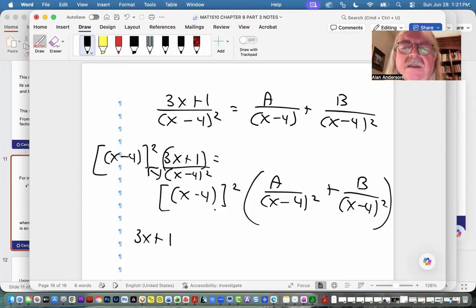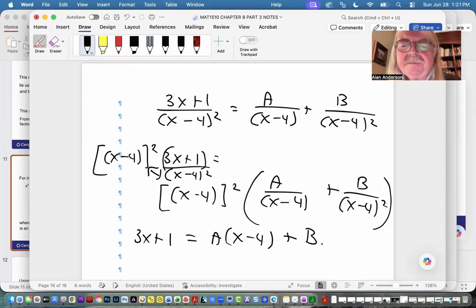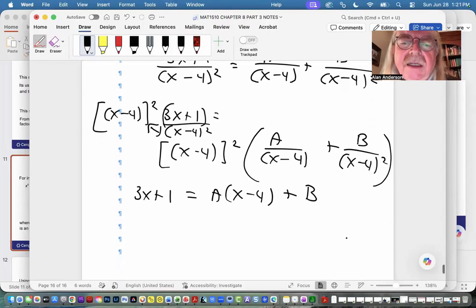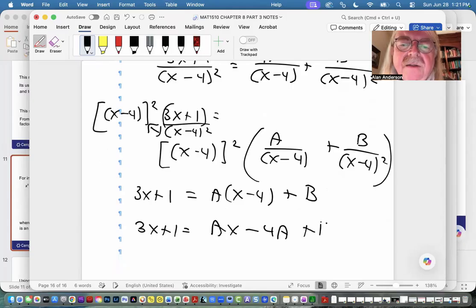On the right-hand side, in the first term, we're going to have a times x minus 4. And then for the second one, we'll simply have b. Okay. So then we'll have 3x plus 1 is ax minus 4a plus b.